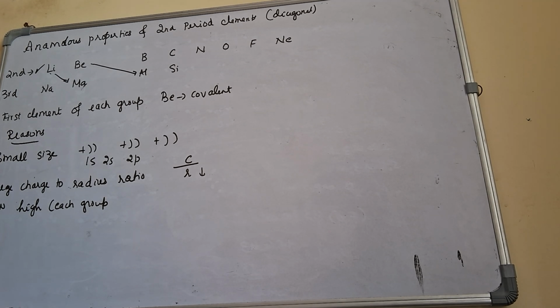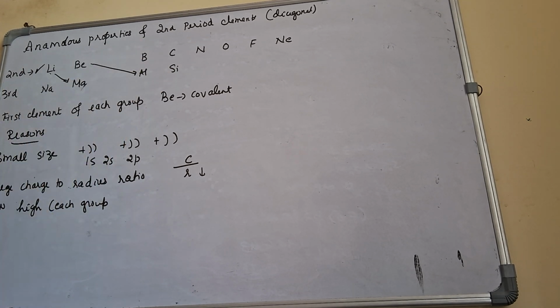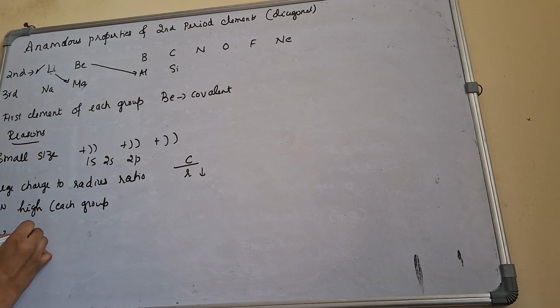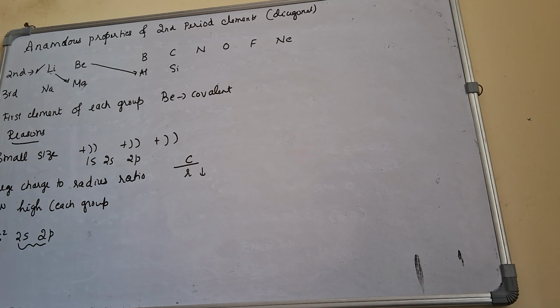Correct? Now, furthermore, the first element has 4 valence orbitals. Look at that. All these elements have 4 valence orbitals. What is the meaning of that? We are talking about orbitals, right? So, you have 1s, which is the innermost. This is gone. This is 2s and next is 2p. This is the valence shell for all the elements in the second period. How many orbitals will be there?